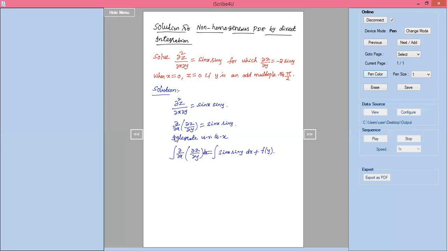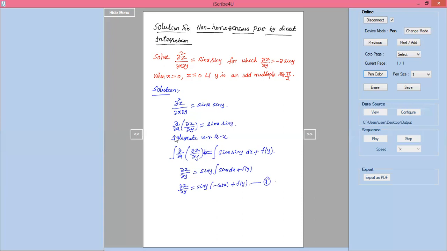So dou z by dou y equals sin y into integration of sin x dx plus f of y. Integration of sin x is minus cos x, so dou z by dou y equals minus cos x into sin y plus f of y. This I treat as equation number 1.